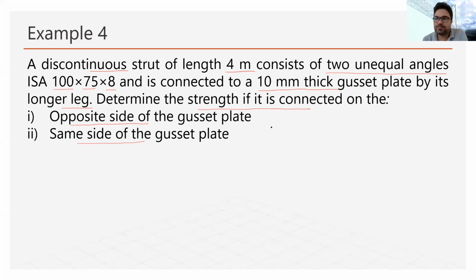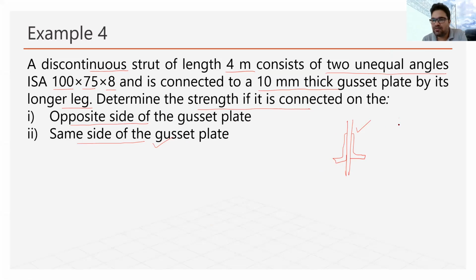So here it says that if the angles are provided on opposite sides of the gusset plate, which means, for example, if this is a gusset plate, one angle is provided on this side and one angle is provided on this side. So this is the one case. Another case, in the second problem, it says on the same side of the gusset plate.